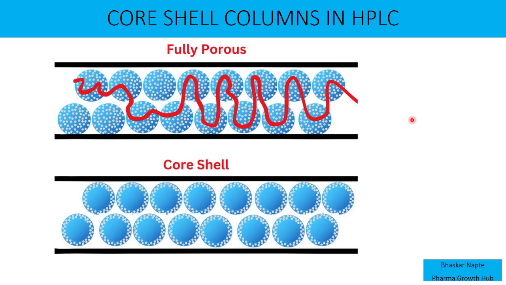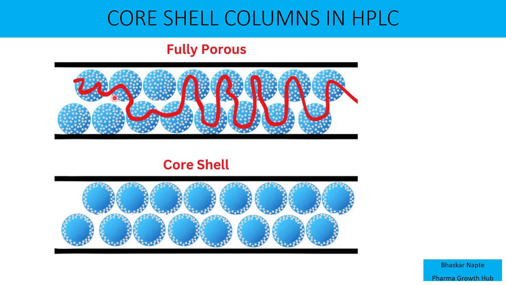Another important reason for the longer distance of travel through the column is the presence of pores not only on the surface of the particle but also inside the core of the particle. Because of that, our analyte can have a longer interaction, and hence it stays a longer time on the fully porous HPLC column.